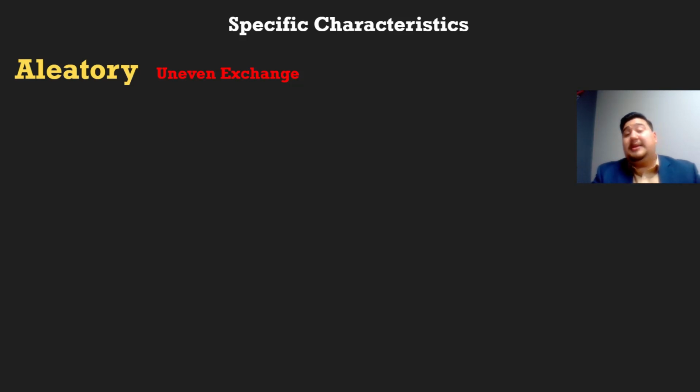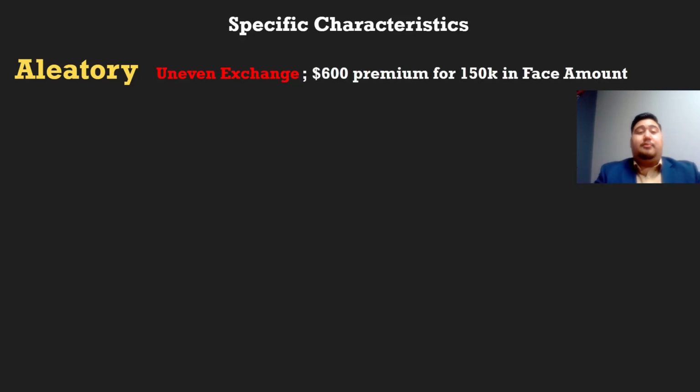So, the best example of an aleatory contract is a life insurance policy. So let's say, for example, your annual premium for a life insurance policy is $600, meaning you're paying $50 a month for your life insurance. At the end of the year, you would have given the company $600. But let's say that company gave you a policy of $150,000.